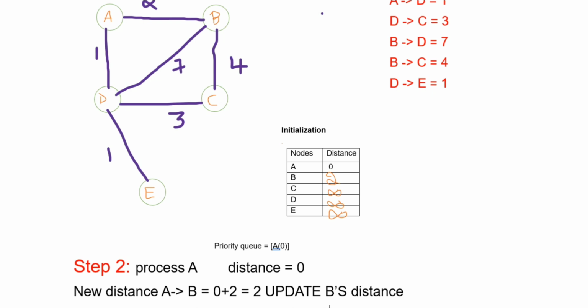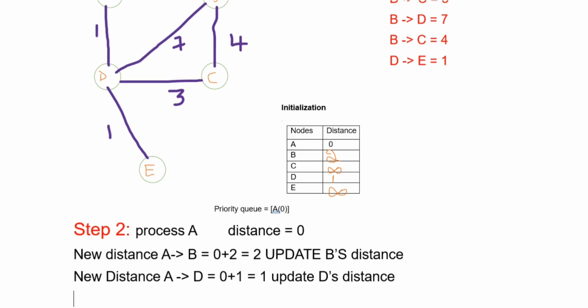For A to D, the new distance is 0 plus the A to D weight of 1, so the updated distance is 1.